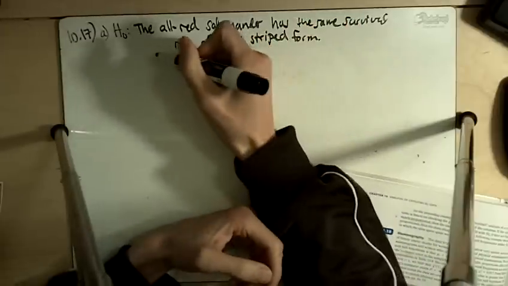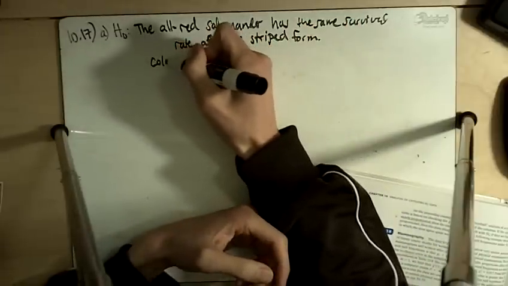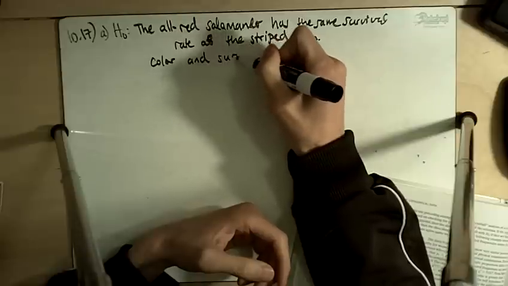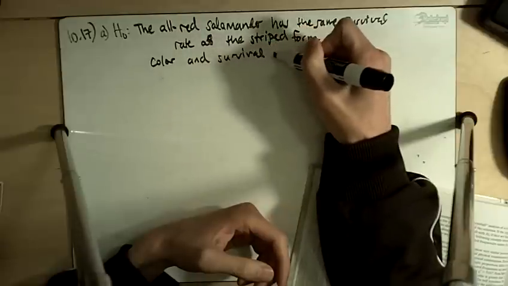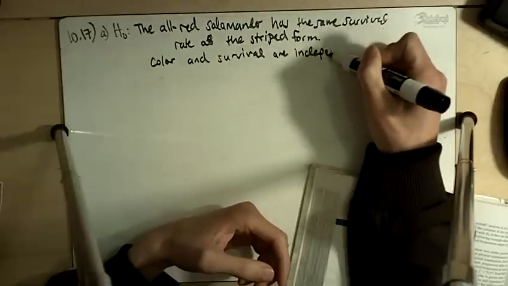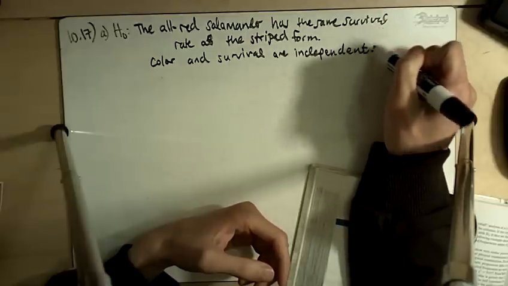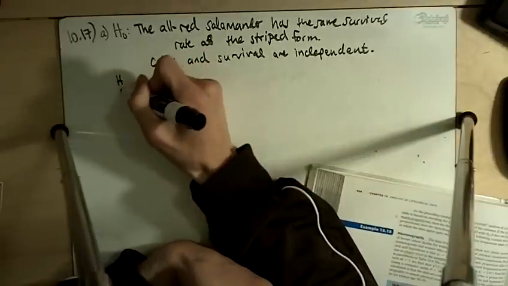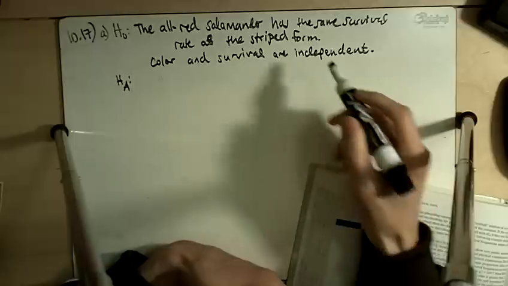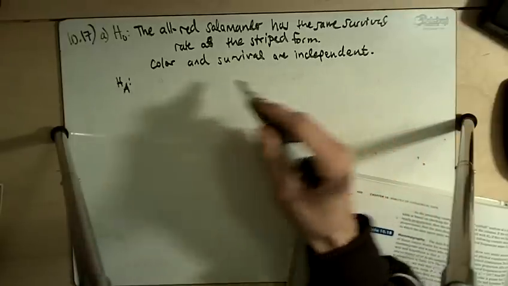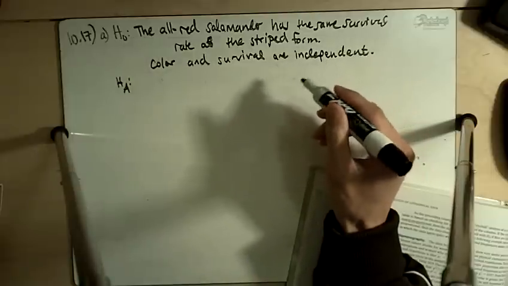Or in other words, color and survival are independent. But if you wanted to explain this to a normal person who might not be familiar with the statistical meaning of independence, probably this form of the null hypothesis would be better.